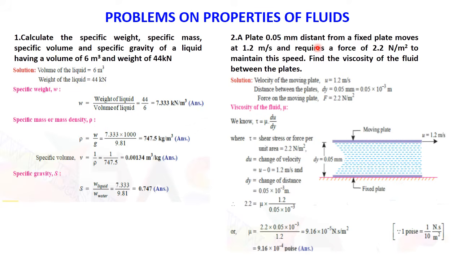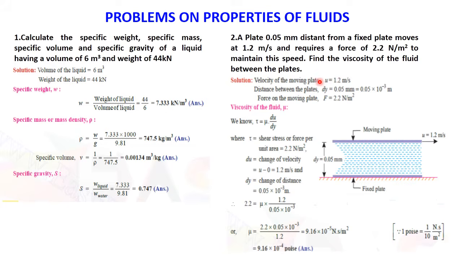The distance between them is 0.05 mm, and the moving plate is moving over the fixed plate at the velocity of 1.2 meters per second, and it also requires a force of 2.2 Newton per meter square to maintain this speed. To maintain that velocity of 1.2 meters per second, the actual force required is 2.2 Newton per meter square. So what we have to find is the viscosity of the fluid between the plates.